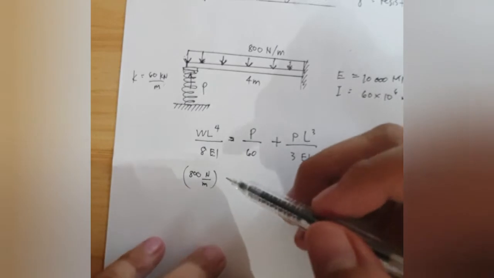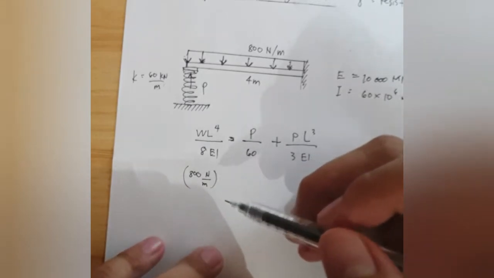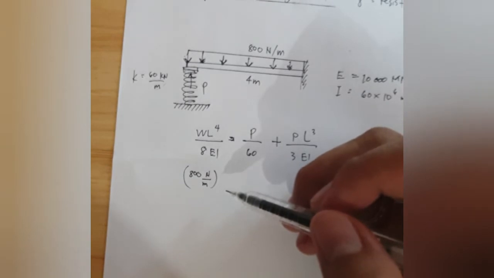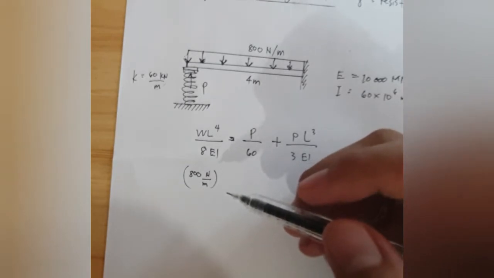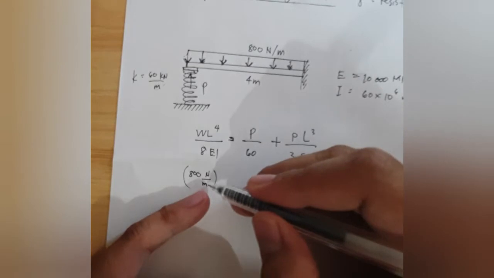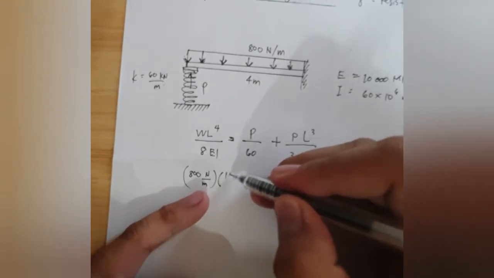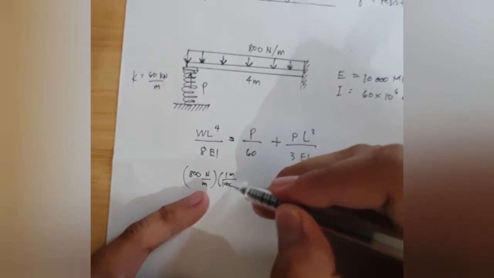The given EI is in mm or newton, so let's convert to mm, where 1 meter is 1,000 mm.